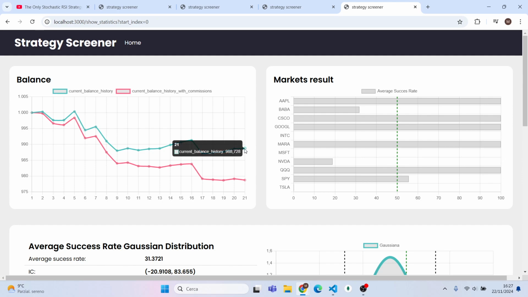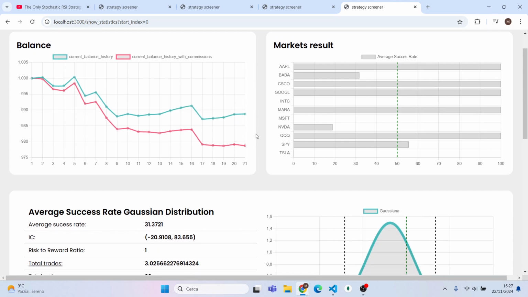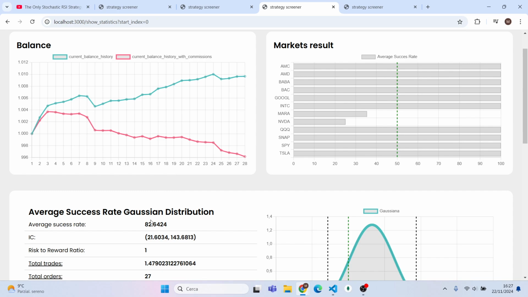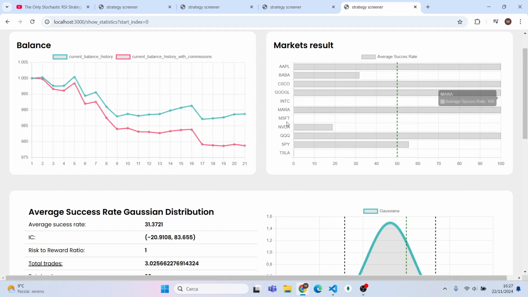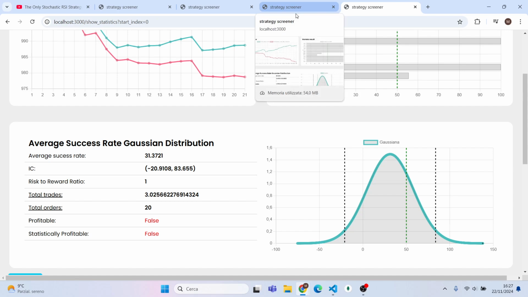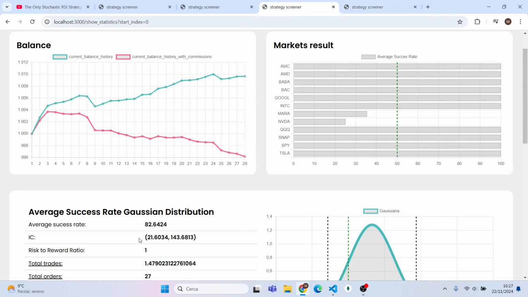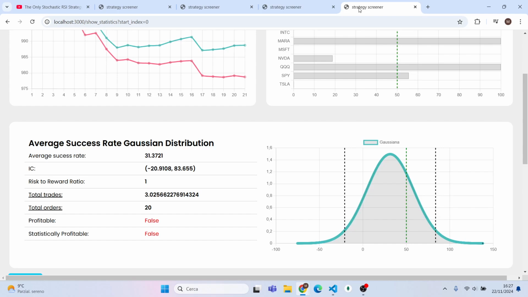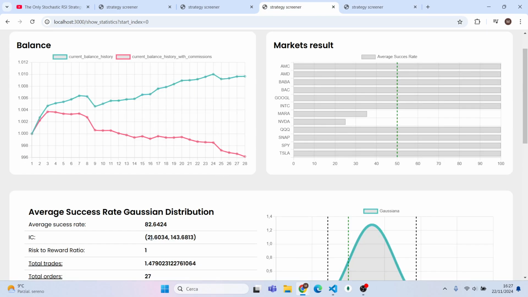Probably not one of the best strategies on the channel, surely. It seems to have a higher average success rate here, but then when you run it on the test dataset, you can clearly see that it's not as good as it seems. And again, the average success rate is in the confidence interval of the Gaussian distribution.